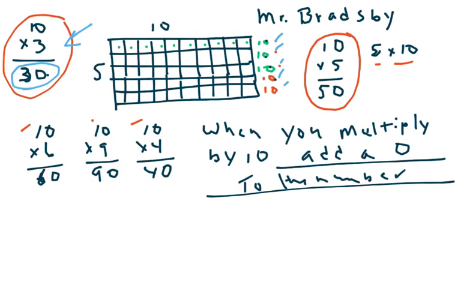So that's what this shows too. 6 times 10, 60. 10, 20, 30, 40, 50, 60. Or add a 0 to the 6. Add a 0 to the 9, you get 90. Add a 0 to the 4, you get 40. So there are some rules for multiplying by 10.